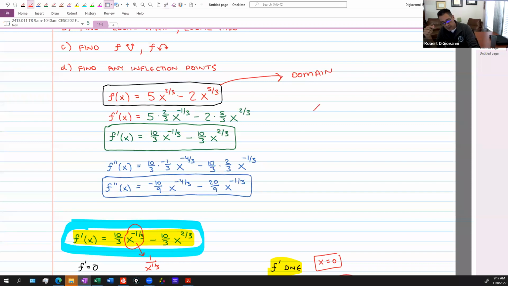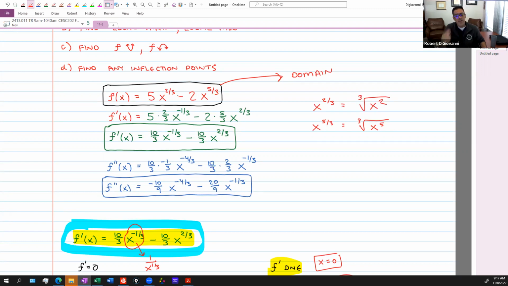Also, x to the 2/3 really means the cube root of x squared. x to the 5/3 really means the cube root of x to the 5th. So we don't have to worry about negative numbers, because remember we said that if we have a cube root, an odd root, it's okay to have positives or negatives underneath.